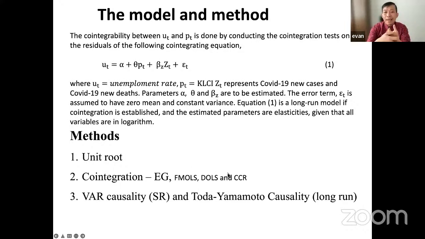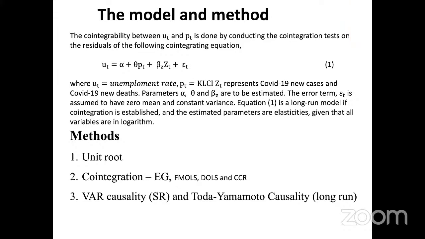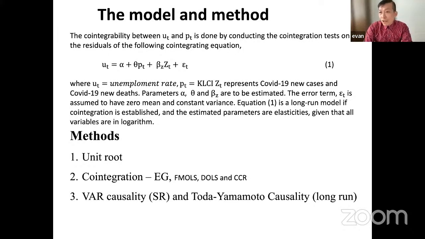After the co-integration we estimated, to also prove that there is a long run relationship, FMOLS, which is fully modified OLS, then dynamic OLS, and also canonical co-integrating regression, which are the regressions after co-integration has been detected.